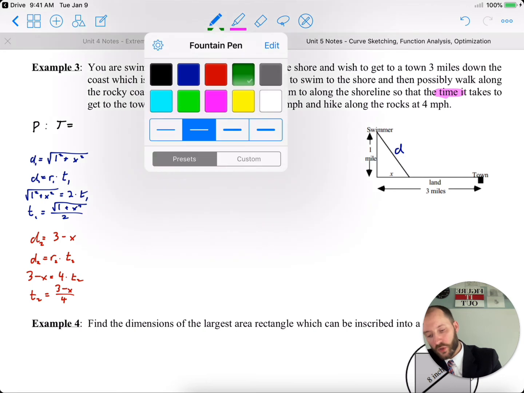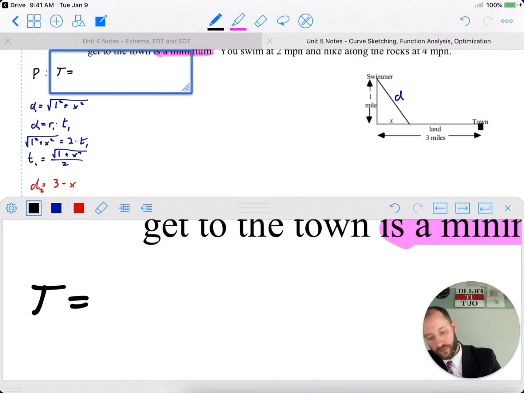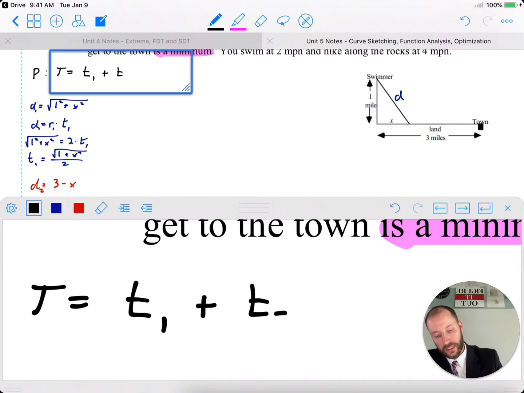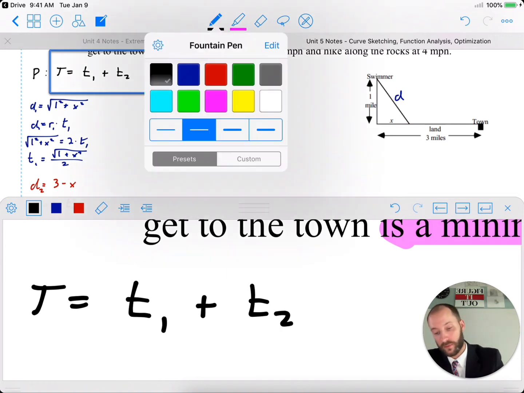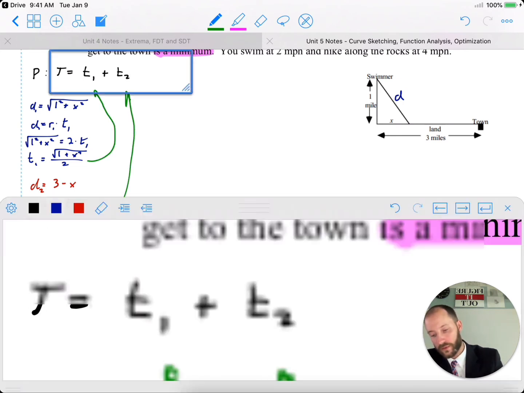Now our total time for the whole trip is how long we're in the water, t sub 1, and how long we're on land, t sub 2, added up. We have t sub 1 here, t sub 2 right here.